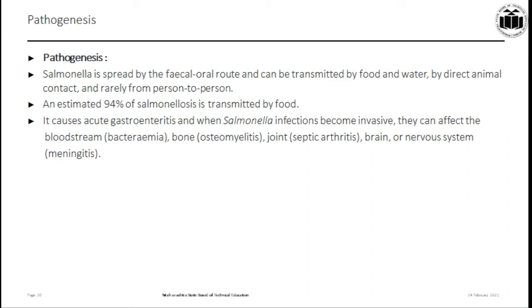Bacteremia is a situation where the bacteria enter the bloodstream. This Salmonella is also responsible for causing osteomyelitis, that is pain in the bones, and septic arthritis, that is pain in joints.